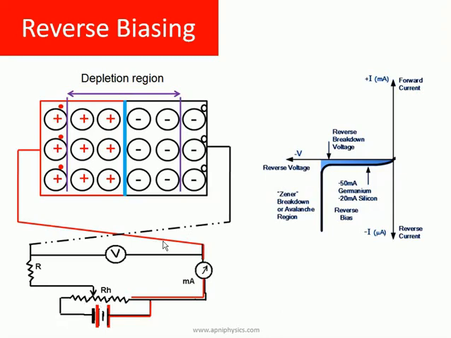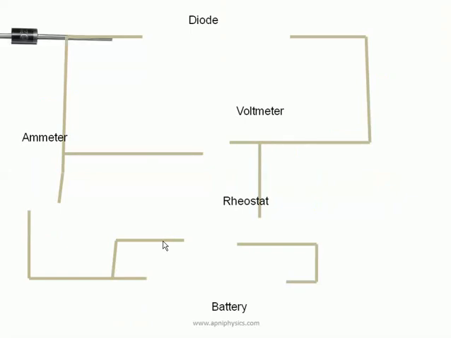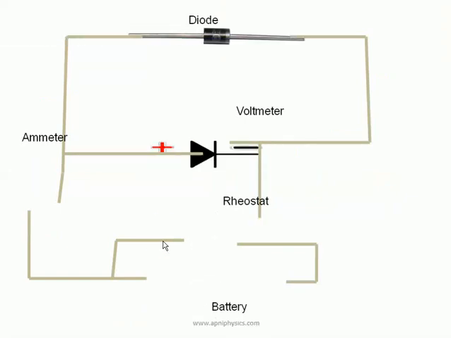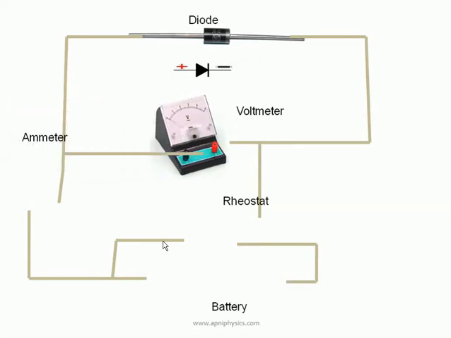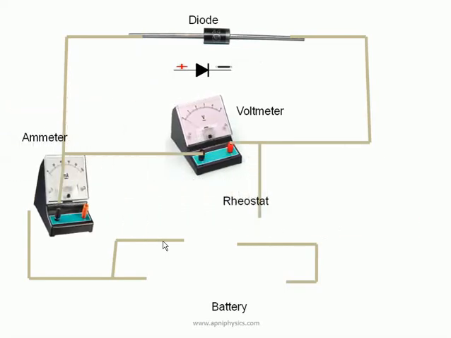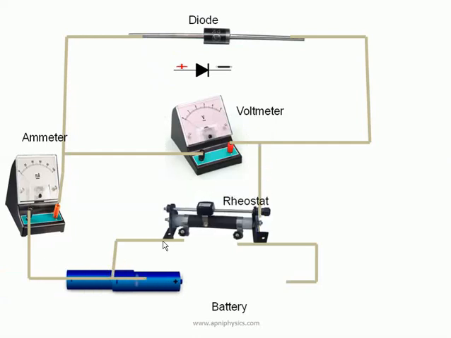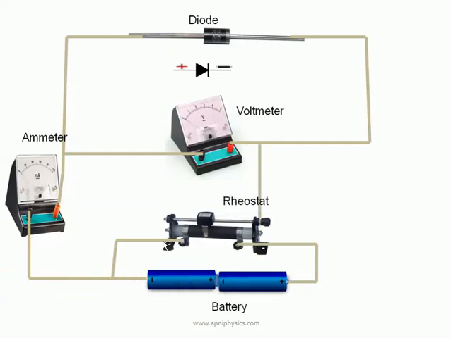Let us see it properly through this circuit diagram. This is our PN junction diode, the direction of the positive and negative, our voltmeter and ammeter, this rheostat, and the two cells in terms of the battery.